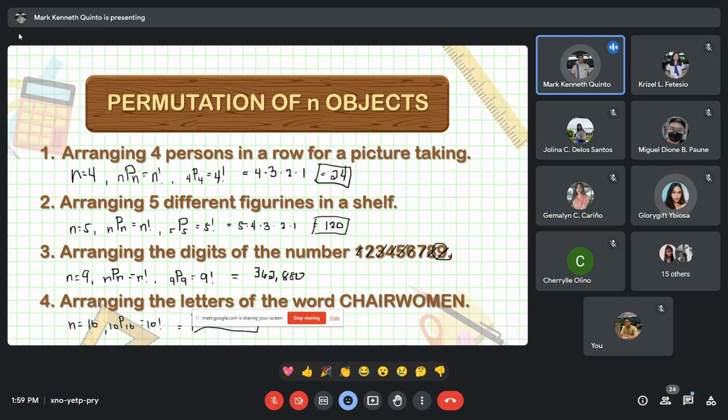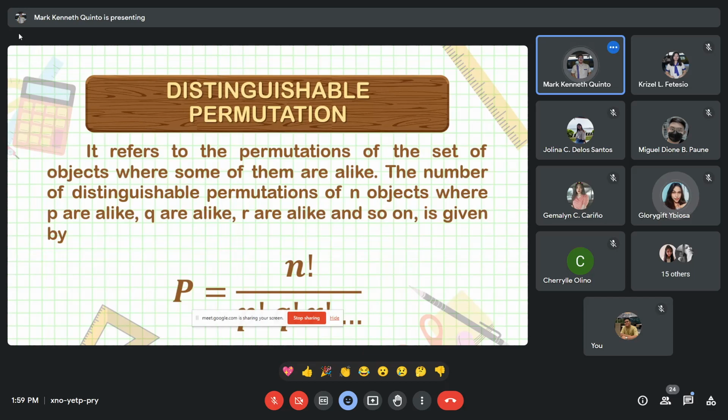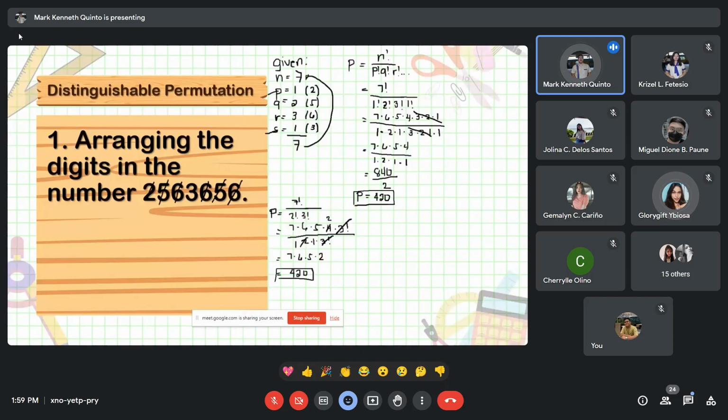Okay, so what about for distinguishable permutation? Kapag distinguishable permutation, if you look at our questions, minsan meron silang magkakapareho. Kapag yung question is may magkakapareho or may alike, therefore, that is a distinguishable permutation.